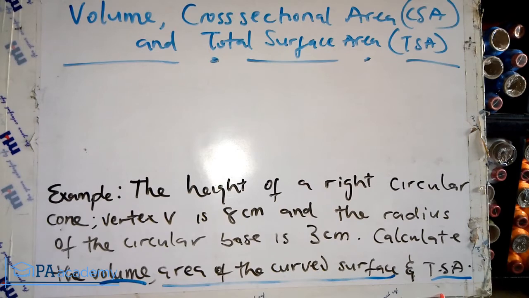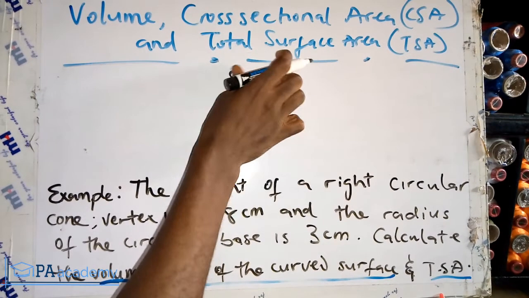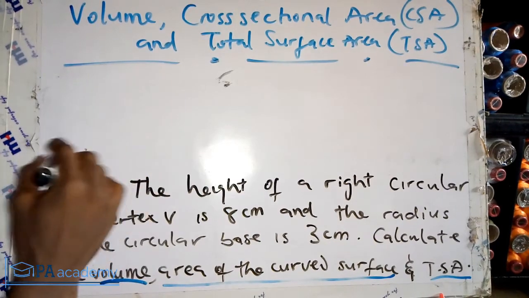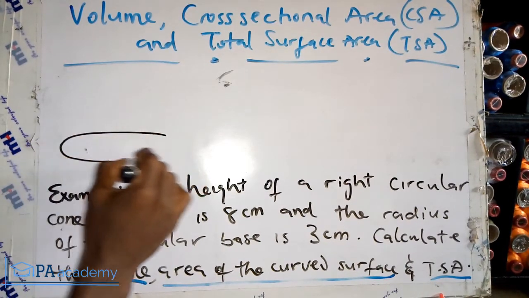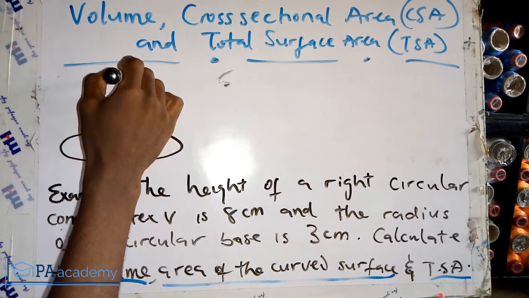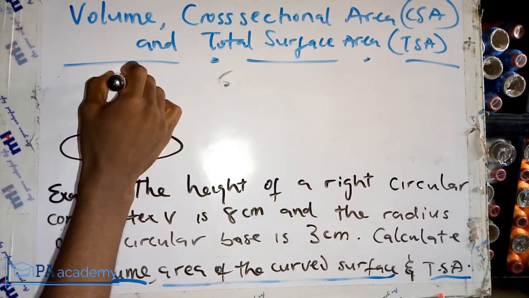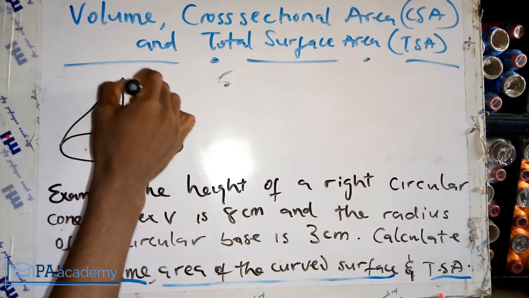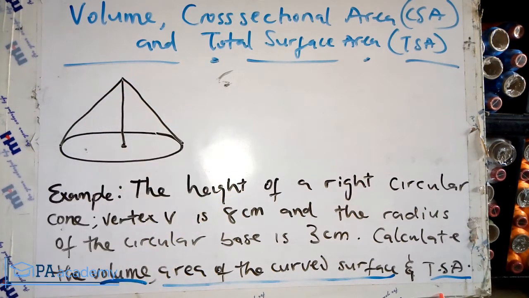So now let's do this. First let's draw the cone. And then we have this as the center. Let's put in the values.